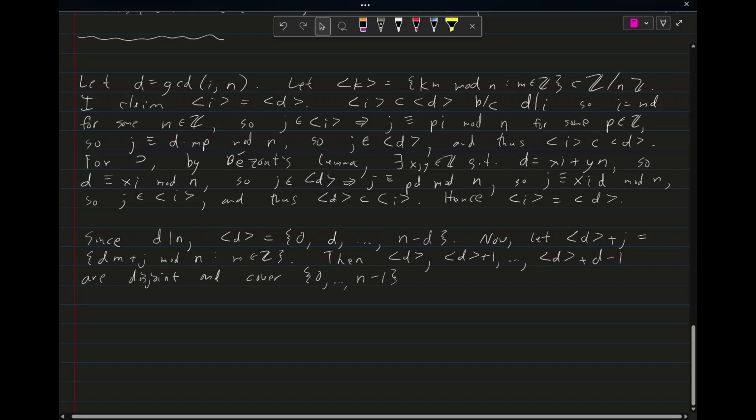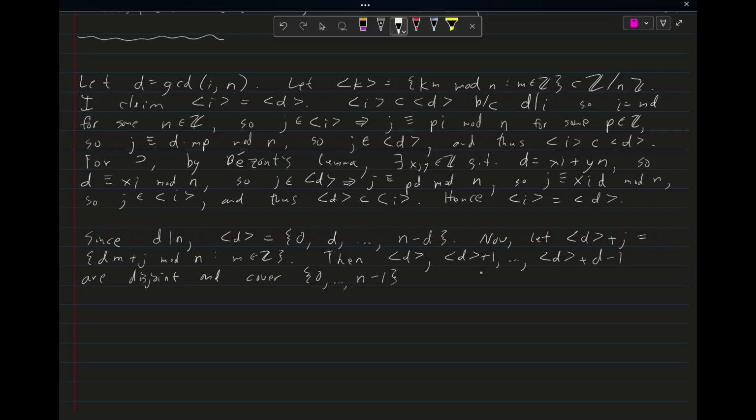They cover all the integers from 0 to n minus 1. The way you know that is you take the integer and take the remainder after dividing by d, and whatever that remainder is will tell you which of these it belongs to. If the remainder is 1, then it belongs to d plus 1, because by definition, dividing by d and getting remainder 1 means it was a number of the form md plus 1 for some integer m. Okay, so these are disjoint and they cover this thing.